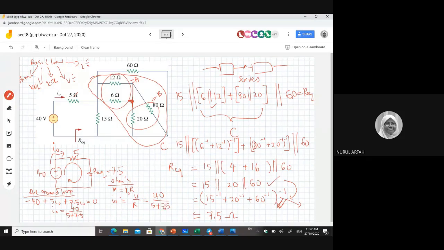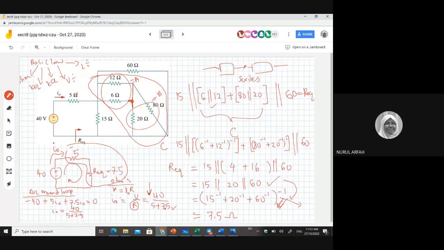But how do you know the positive and negative here? The polarity there. How do you know? You know that this R is equal to 5 plus 7.5, right? Because you need to add everything in series. Okay, this is fine. But how do you know the polarity, the sign?